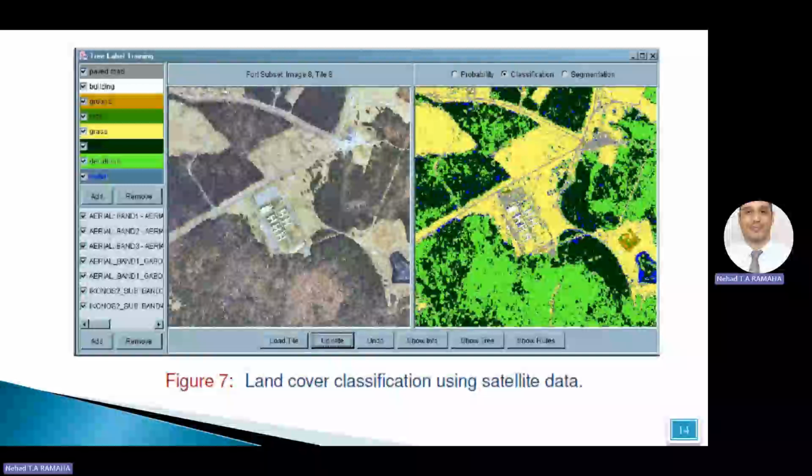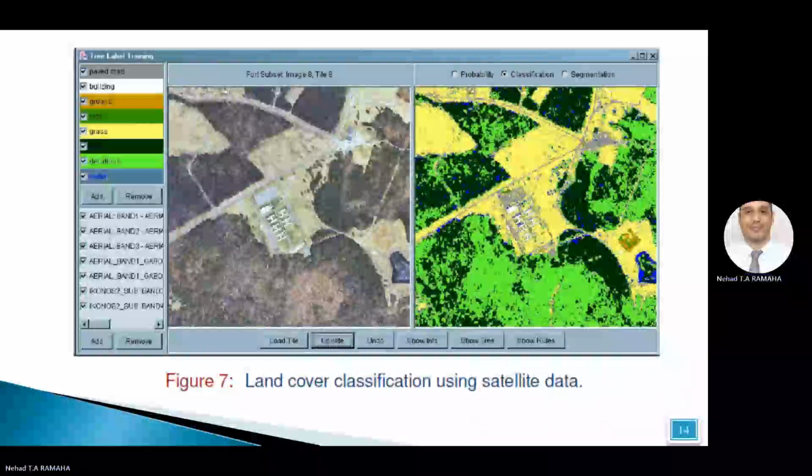Okay. Land cover classification is also commonly used. We have one of our colleagues from the GIS field, and this is his work.